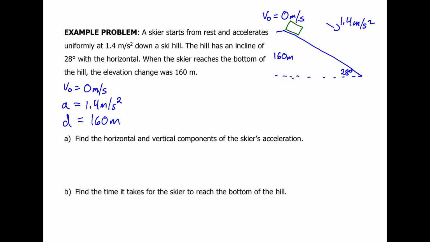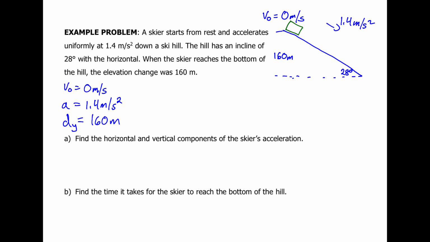Do any of these numbers need to be in one direction only? One of them needs a label X or Y. Which one? The displacement. Which letter should I give it based on how I drew it? I'm going to give it Y because it's the up and down part of ours.